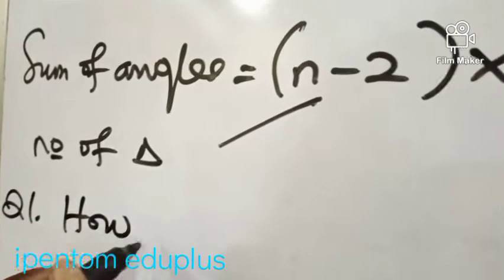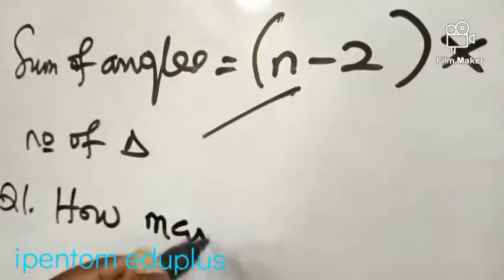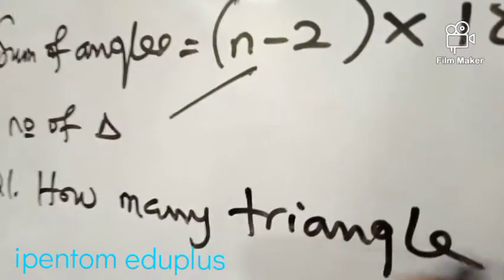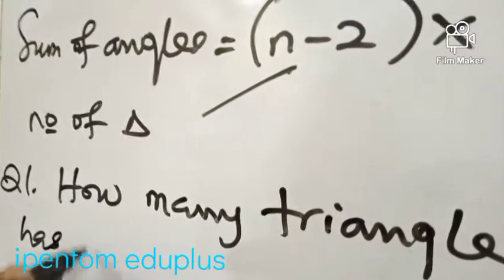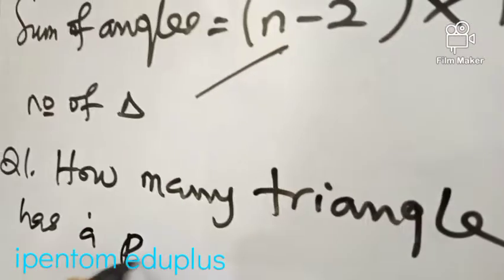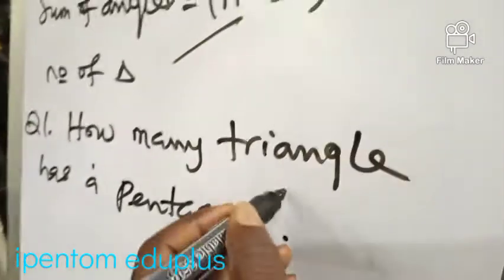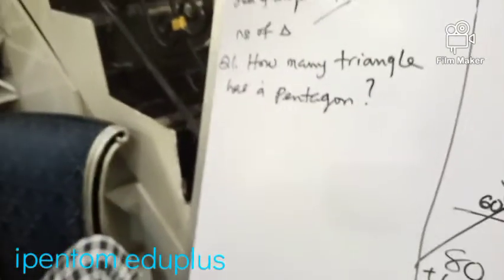How many triangles does a pentagon have? What will be the answer? 5?